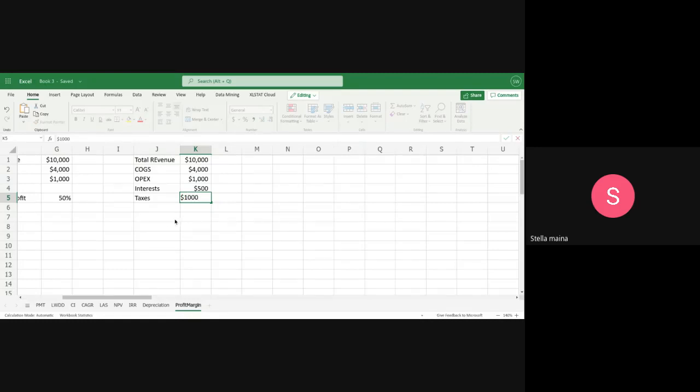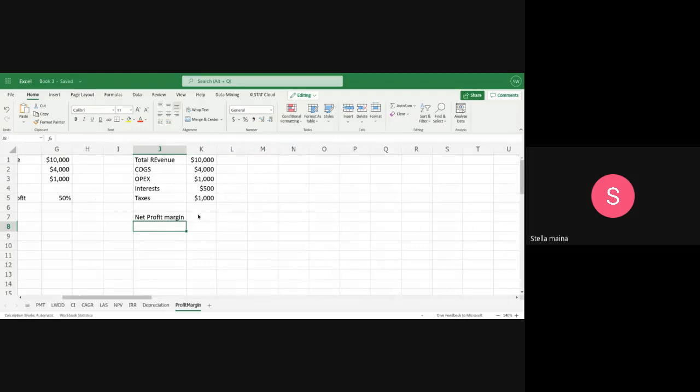Okay, so we now want to calculate the net profit margin. To do that, just increase that width. The net profit margin is going to be total revenue minus cost of goods minus operating expenses minus interest minus taxes, over the total revenue.